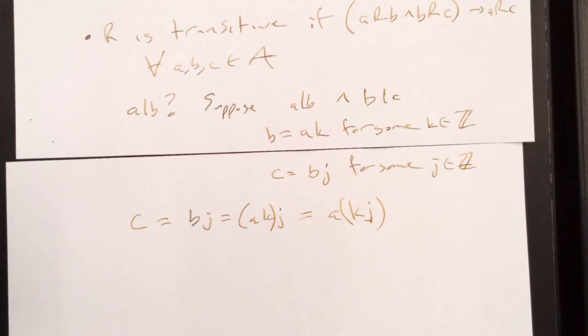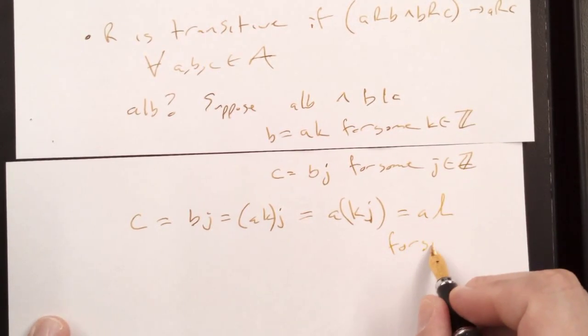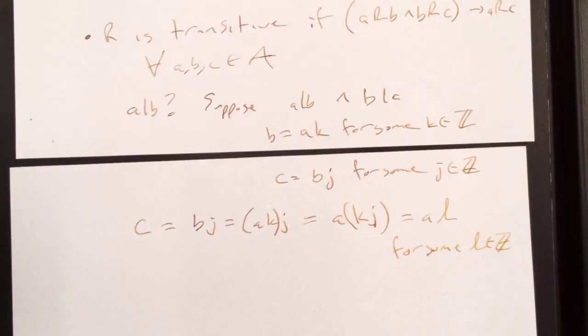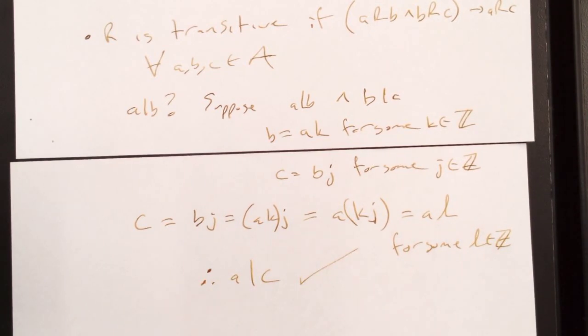An integer. So if I call that thing L, then C is equal to A times L, and that means that A divides C. This is transitive, but I had to prove it. I can't just look and go, oh, of course it is. I have to check.